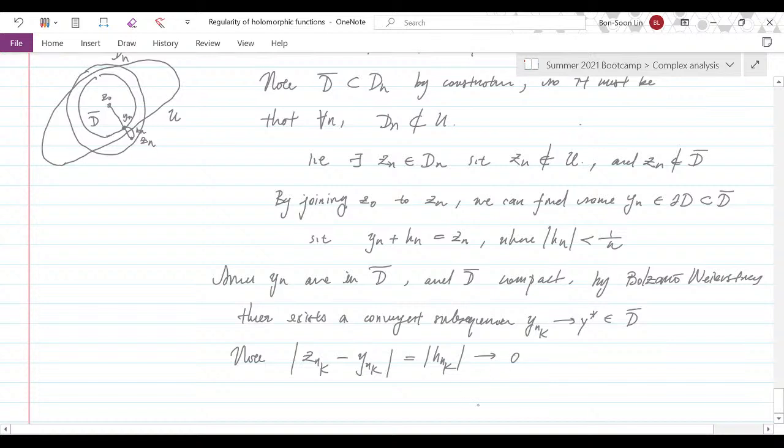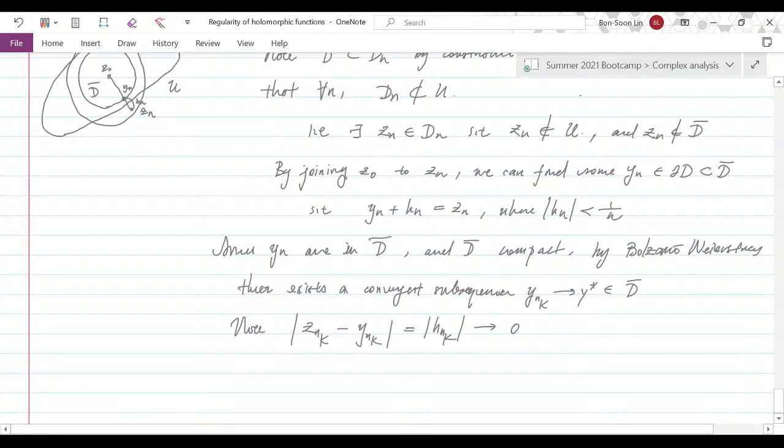So what can we conclude? Well, we conclude that the znk also converge to y star. Triangle inequality.